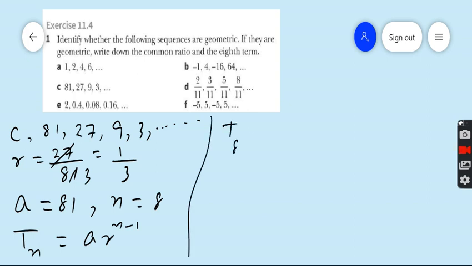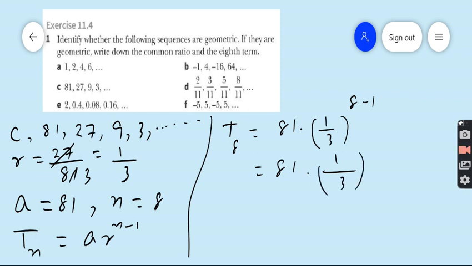So T8 is equal to a, 81, dot r, 1 upon 3, to the power 8 minus 1. 81 dot 1 upon 3 to the power 8 minus 1, which is 7. 81 itself is 3 to the power 4, dot 1 to the power 7 is 1, and 3 to the power 7, or 1 upon 3 to the power 7.